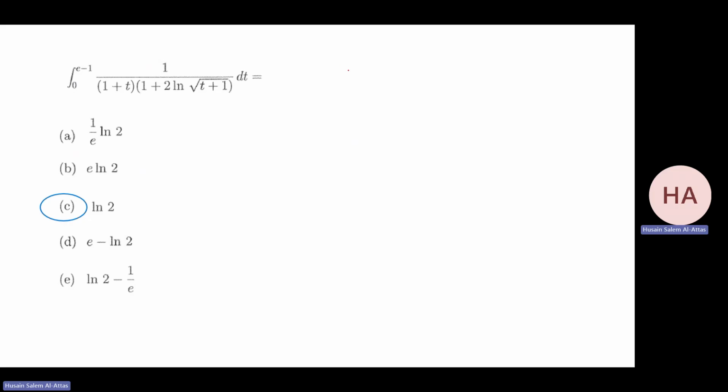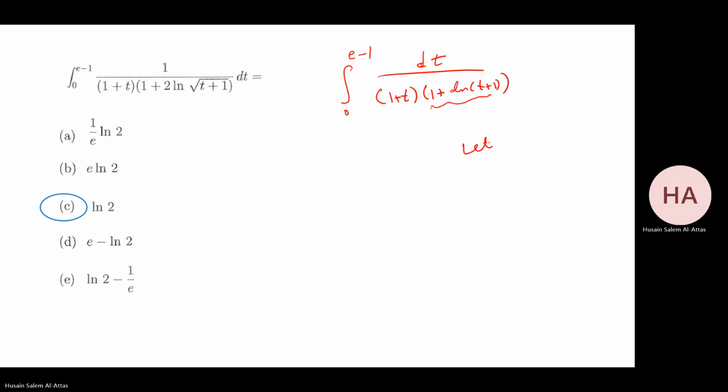Seems to be complicated. It's not. E minus 1, if I do one trick, 1 plus t, this is 1 plus 2. I can take it as a power. That will be ln of t plus 1 dt. Okay. Now, if you let this be u, du is 1 over t plus 1 dt.